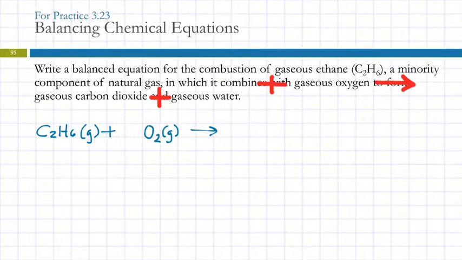It forms carbon dioxide, so that would be CO2, and we're told that's a gas. And water. Water is H2O, and that's a gas. It's going to be a gas here because this is a burning reaction, and so it's hot. Okay, so we need to balance this. I'm going to show you a different method of balancing.